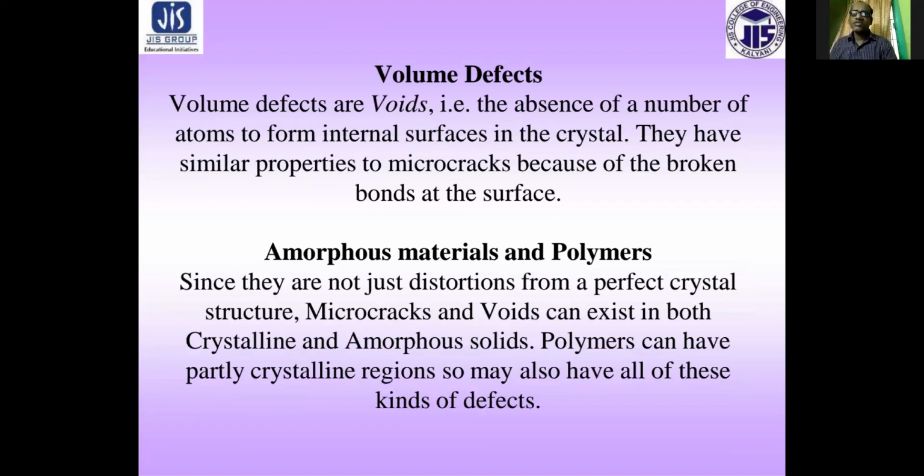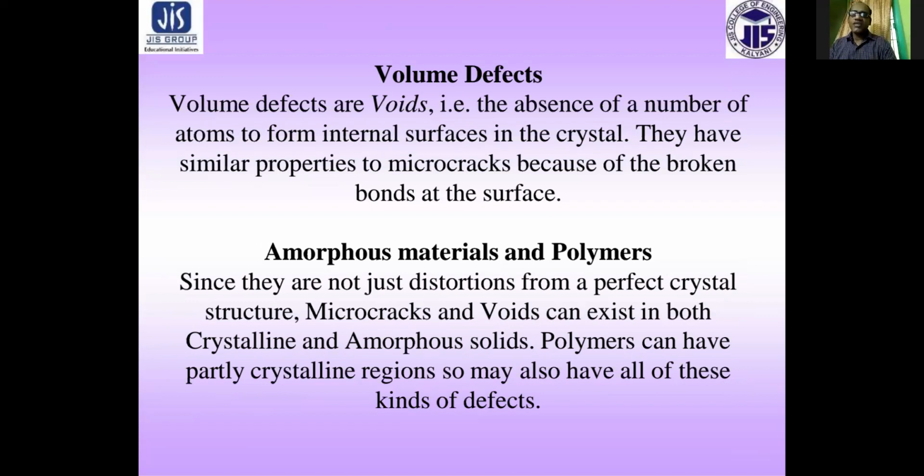Volume defects, generally known as voids, are the absence of a number of atoms to form an internal surface in the crystal. They have similar properties to microcracks because of broken bonds at the surface.